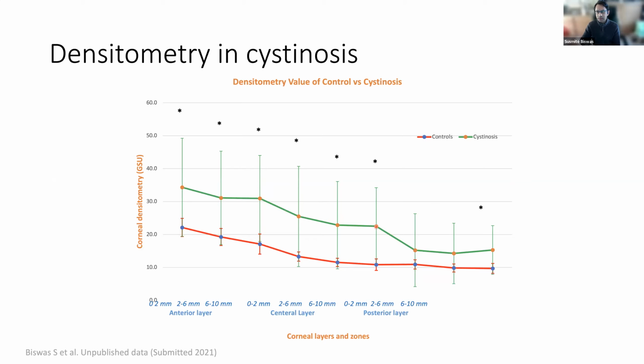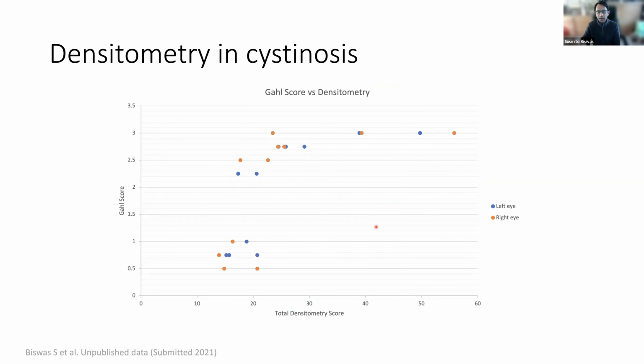And the beauty of this is that this is a very quick measurement as opposed to using the other techniques. This is a rapid and automated objective measure of corneal density. And comparing it to the corneal crystal score, which is the slit lamp photography score, it's actually much more able to measure higher levels of corneal crystals than the standard corneal crystal score.